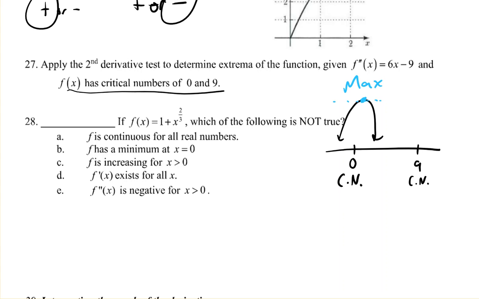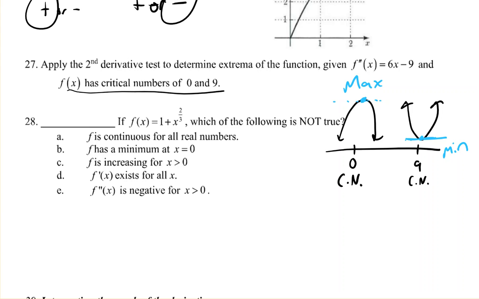It's at the top of that curve. And if I plugged 9 into the second derivative, this would be something positive, which means it's concave up here, which means this critical number is a local min. That's what the second derivative test tells us.